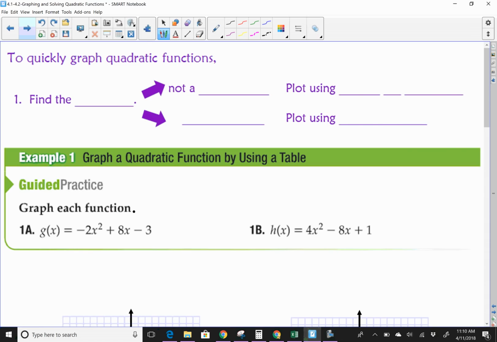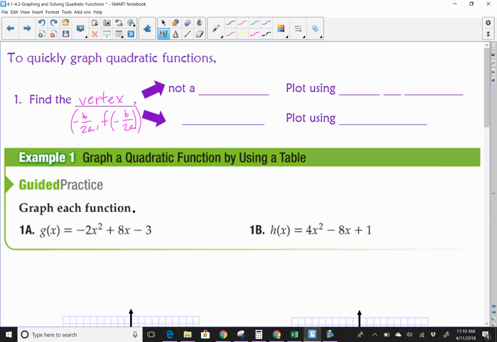Okay, to graph these things, you always have to start off with finding the vertex, which we just said is negative b over 2a, comma, f of negative b over 2a.